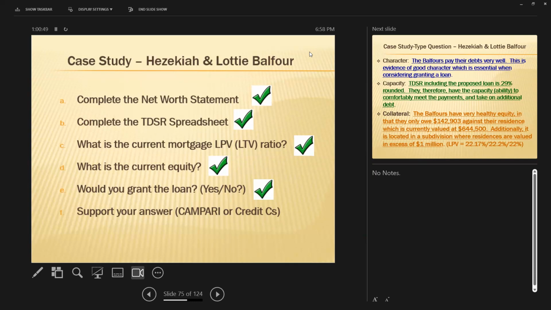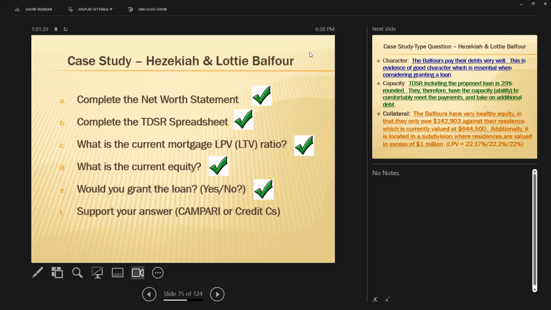So if it's 3 points total, don't write a whole bunch of stuff on character and leave out stuff for capacity or ability or insurance or whatever, unless of course there's nothing to say on one of the other ones. So there's 3 points awarded, which means you've got to make 3 statements.